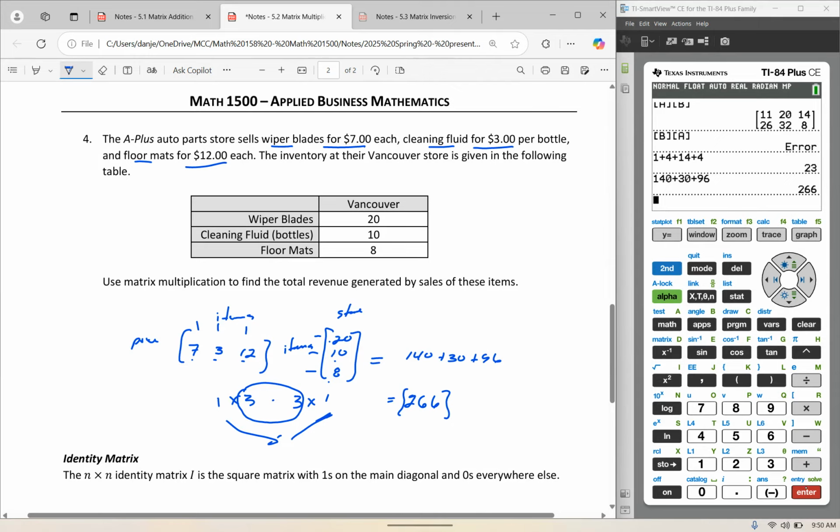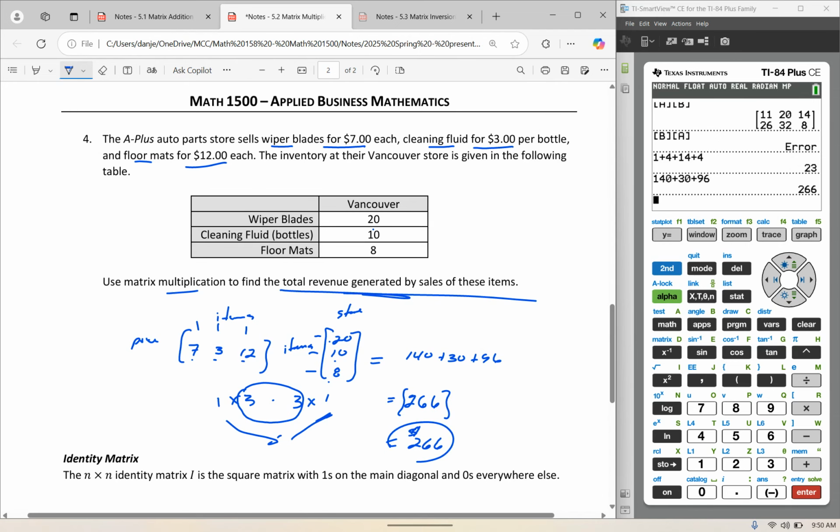Okay, we've used matrix multiplication to find the total revenue generated by the sales of these items. If I sell all 20 wiper blades for $7 each, all 10 bottles of cleaning fluid for $3 each, and all 8 floor mats at $12 each, I should have a revenue of $266.